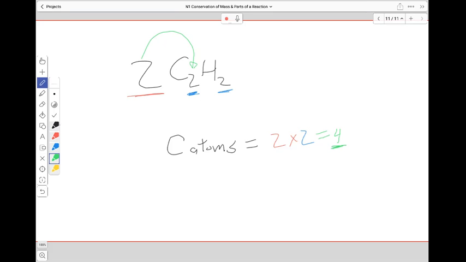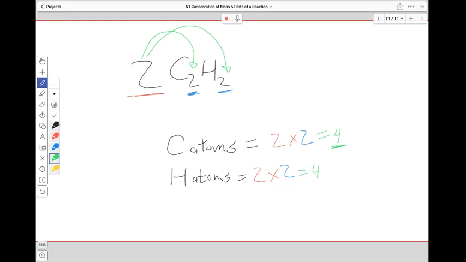If I want to identify the number of hydrogen atoms, I will distribute again to that subscript. So I will take 2 times 2 will equal 4 hydrogen atoms.